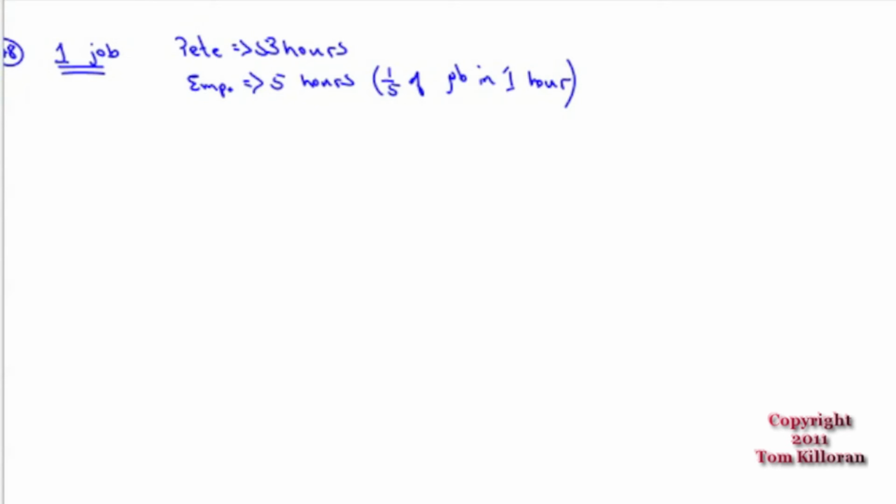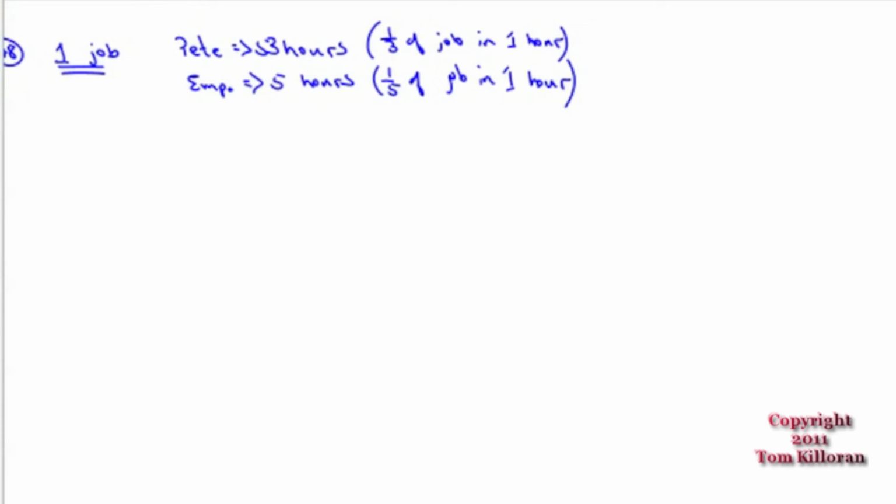That tells you a lot. Because how much of the job does he get done in 2 hours? 2/5. 3 hours, 3/5. 4 hours, 4/5, and so forth. Okay, how much of the job can Pete get done in 1 hour? 1/3 of the job in 1 hour. So if I ask you how much of the job gets done if they work together in 1 hour, what would you do?